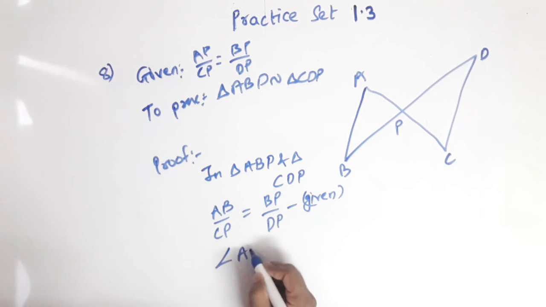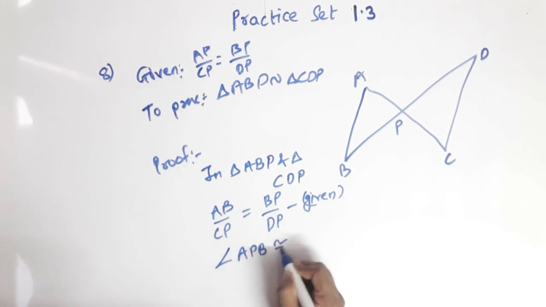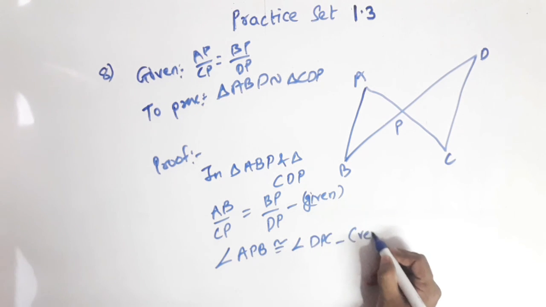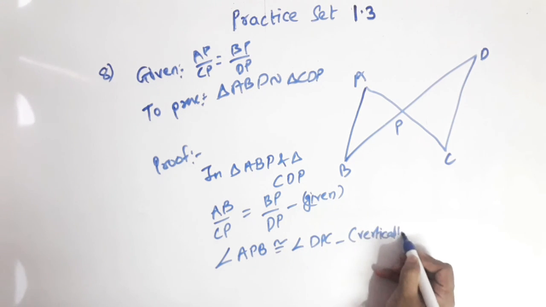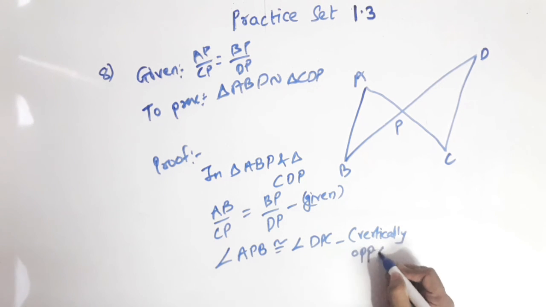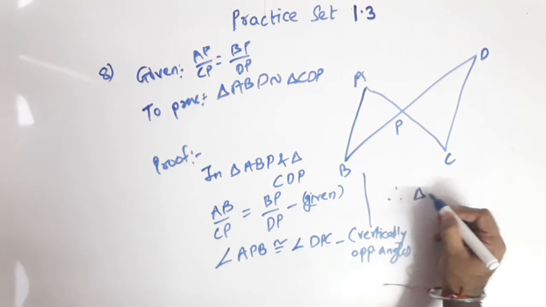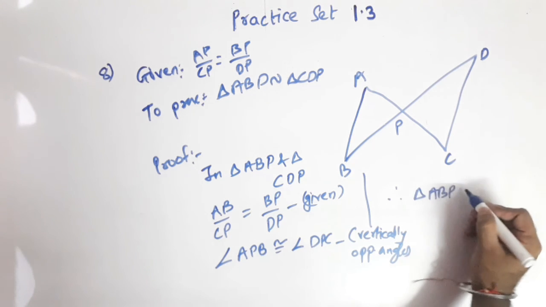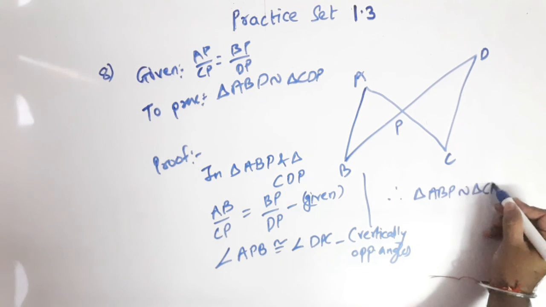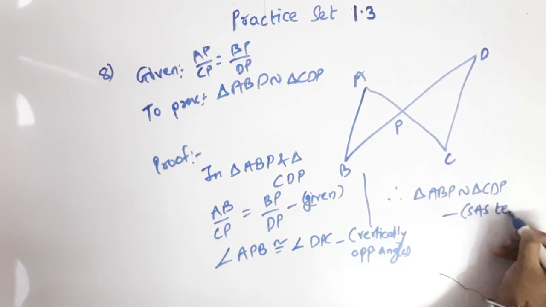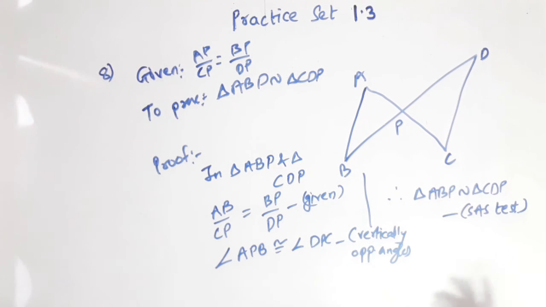And we can write angle APB is congruent to angle DPC. This is what? Vertically opposite angles. Therefore, triangle ABP is similar to triangle CDP by SAS test. Very simple. We just had to prove the triangles similar.